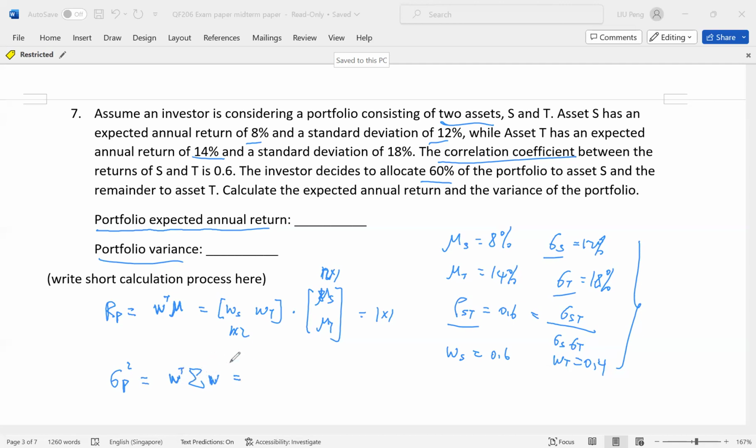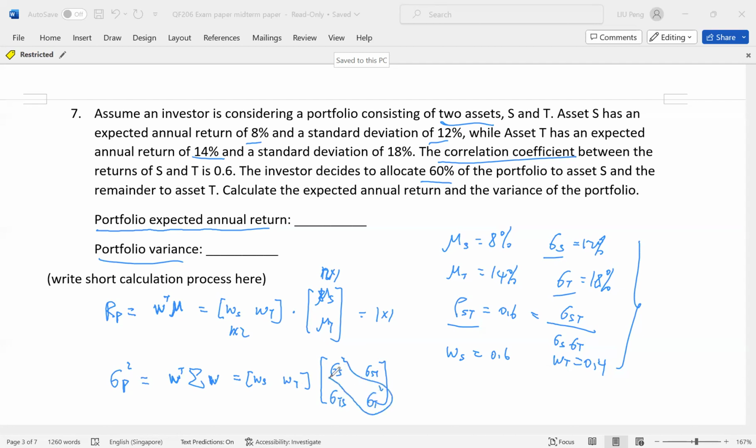And of course, if you bring it into vector form, then we have WS, WT. This is the row vector along with the covariance matrix, right? So we have sigma S squared, then sigma ST, sigma TS, and sigma T squared.